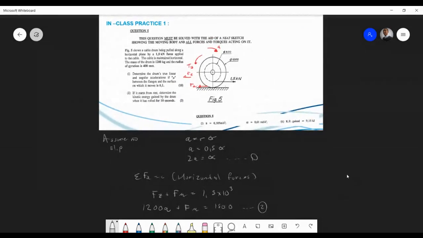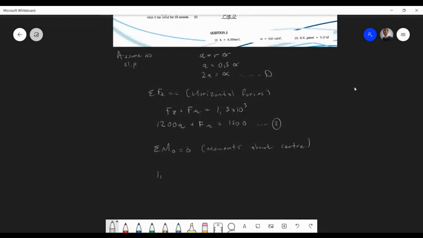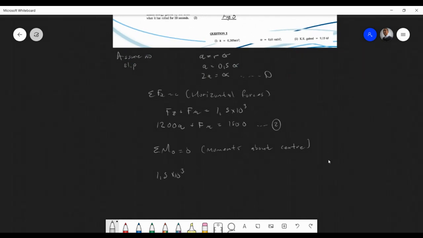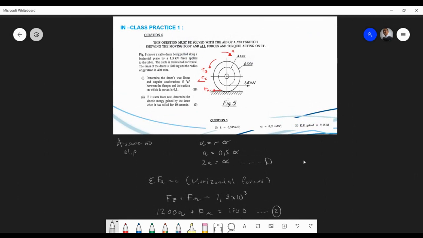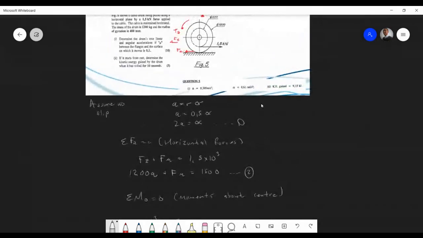I'll start with the 1.5 force. At the center it's 1.5 kilonewtons times this radius now, so that's 600, and that's going anti-clockwise. It's times the radius of this part of the drum over here, so that's 0.6, so not 0.5. So 0.3 is the radius, the diameter is 0.6.